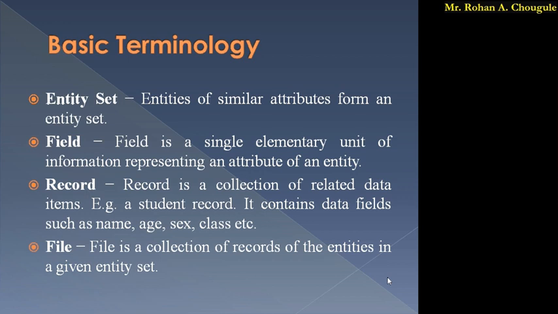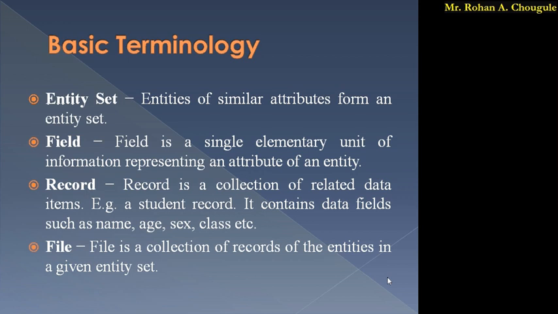These are the attributes I am storing which are related to the student only. If I store the record of an employee, then I store employee related data in that record. So a record is a collection of only related data items. Here I have shown the example of a student record. It contains fields such as name, age, sex, class, etc.